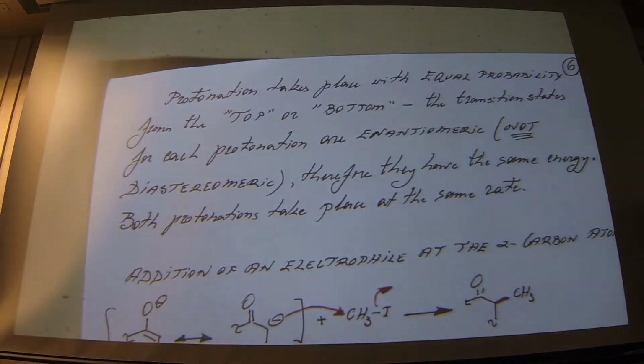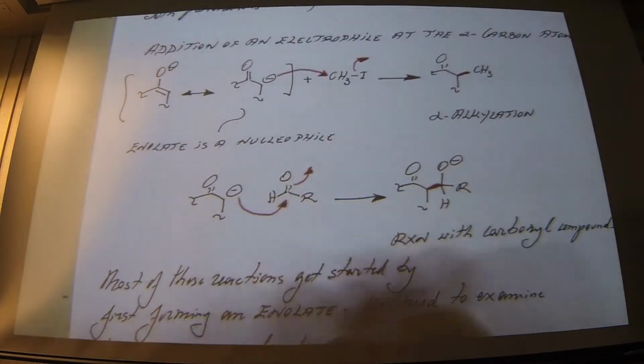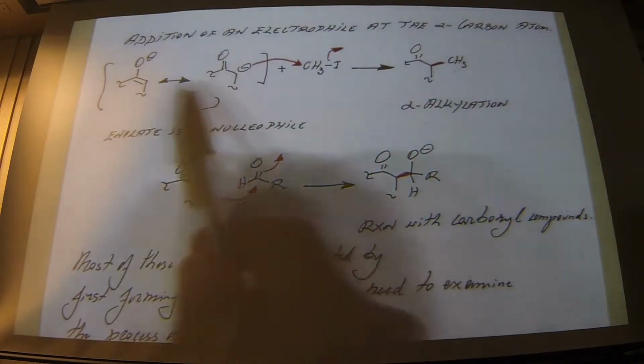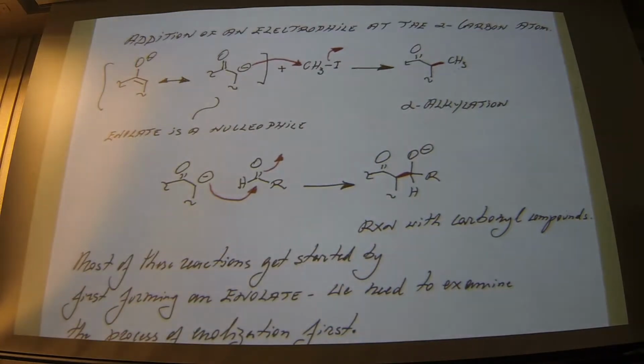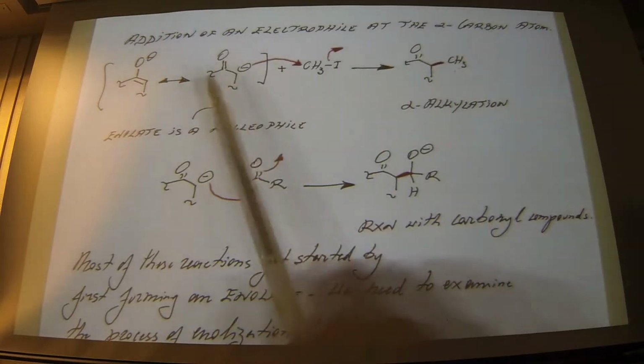Okay, so where we left off last time was the addition of an electrophile. Your typical electrophile is what? Iodomethane to an enolate. So enolate, I said, is a nucleophile. Iodomethane is an electrophile. We saw that when we talked about what? SN2 reactions. And so this is an SN2 reaction.